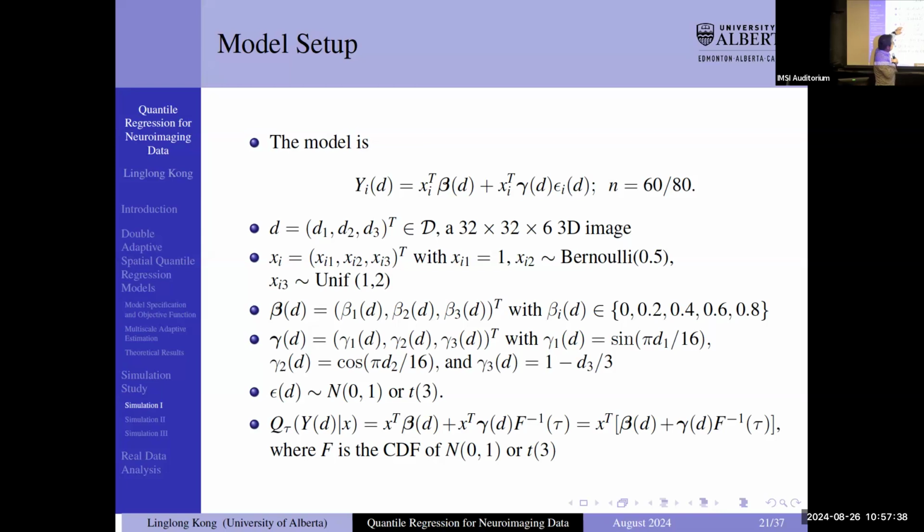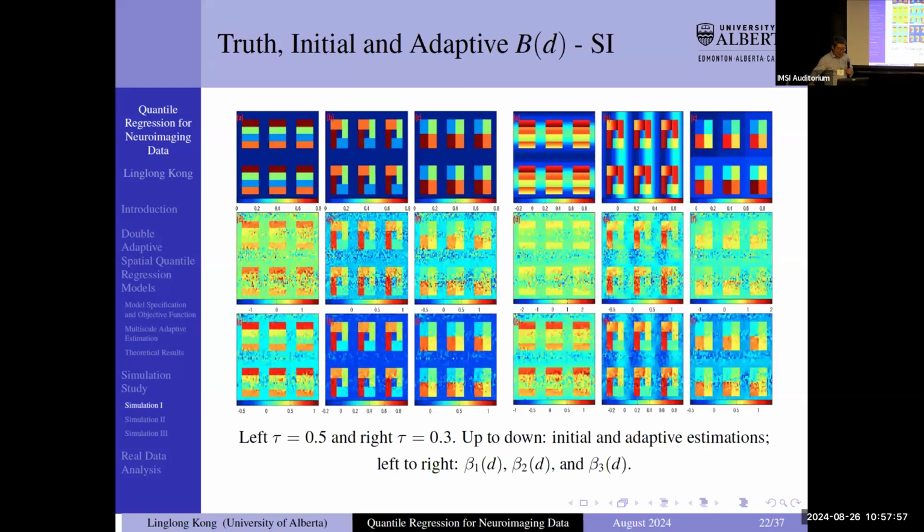The beta coefficients belong to 0, 0.2, 0.4, 0.6, and 0.8, indicating different effect sizes. So eventually, we have beta 1, beta 2, beta 3, these three underlying truths of the covariates.